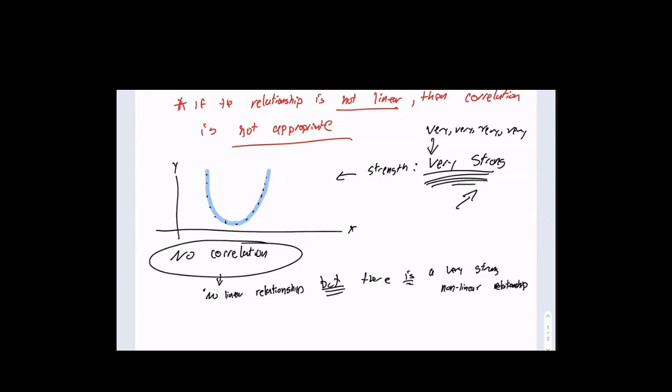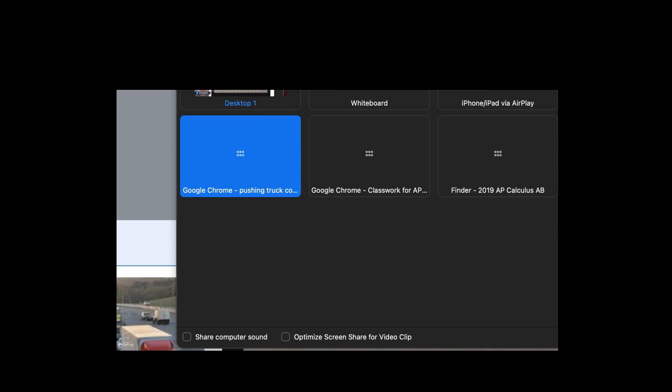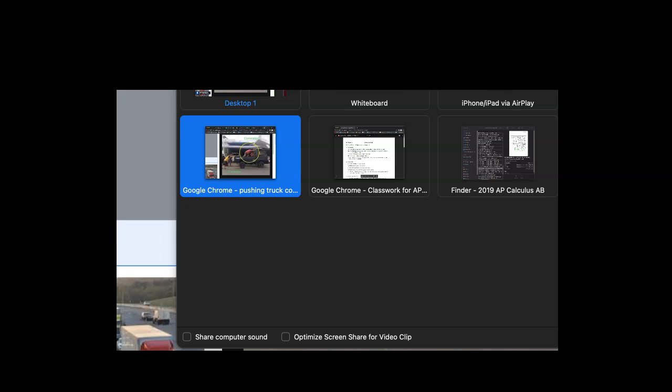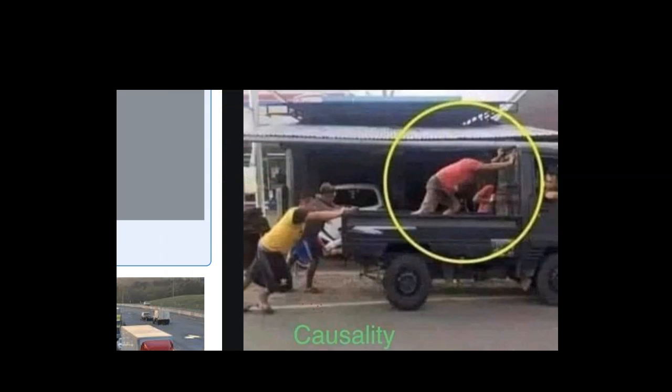Hold on really quickly here. So this is a visual representation of correlation versus causation. This is something I mentioned. I told you I wanted to show you this video.